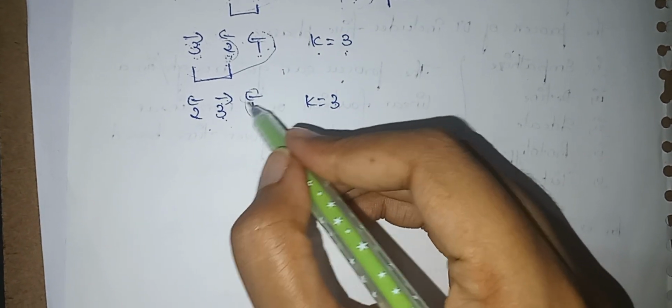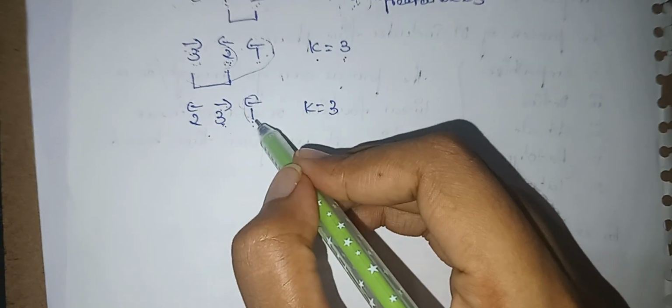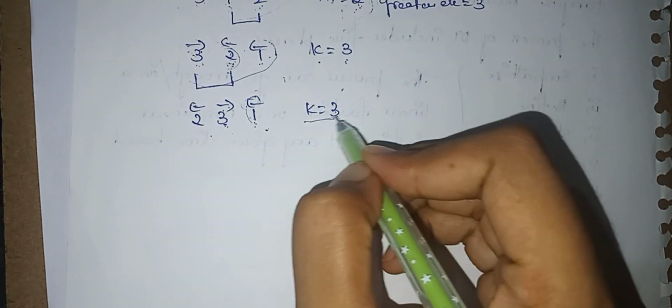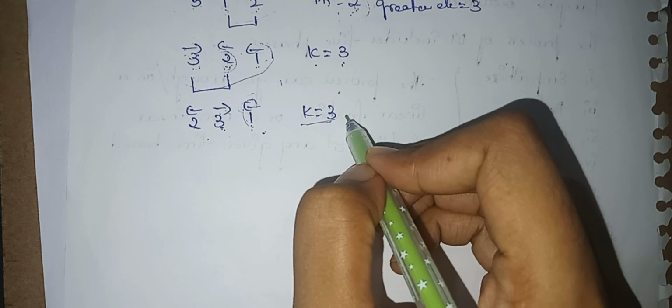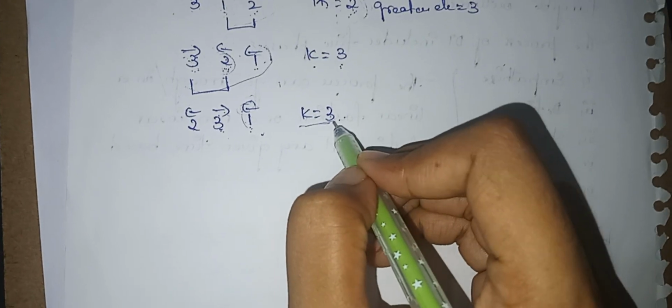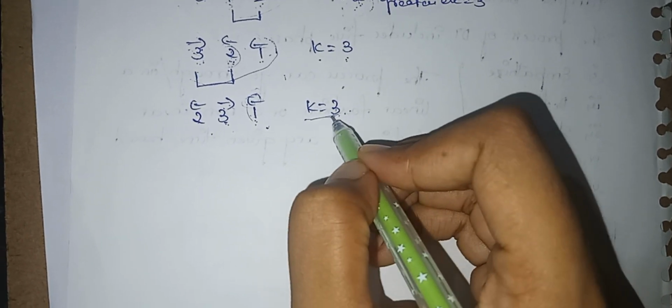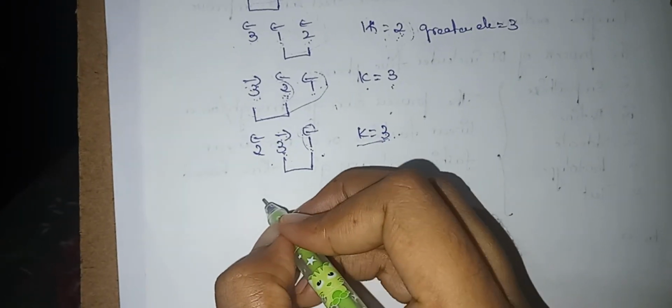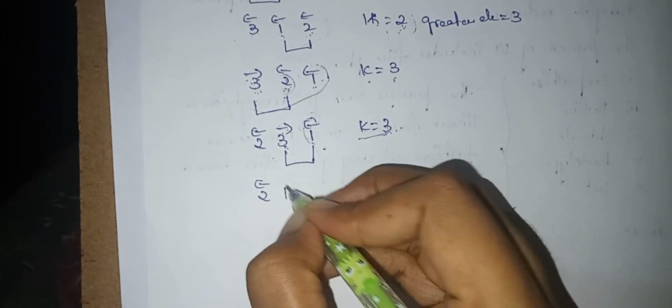In the pointing direction of 1 you have the adjacent element 3 which is greater than 1, therefore it cannot become the mobile element. So now k is equal to 3 is the current mobile element. You have to swap this mobile element with its adjacent element in its pointing direction. So 3 and 1 are adjacent elements, 2 remains the same, and 1 goes here.